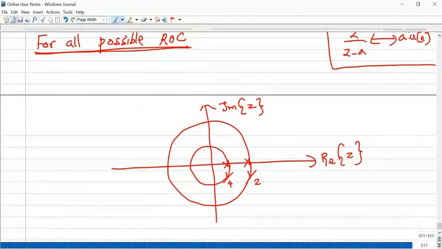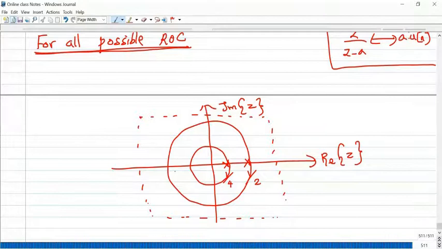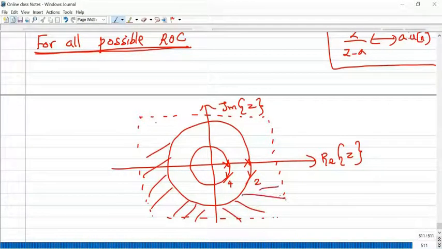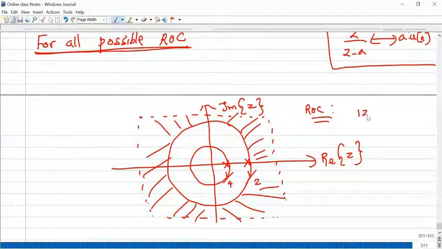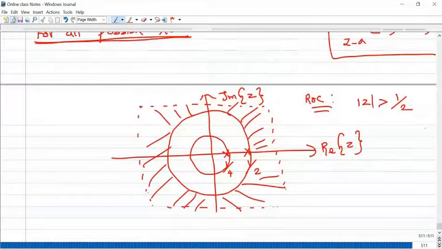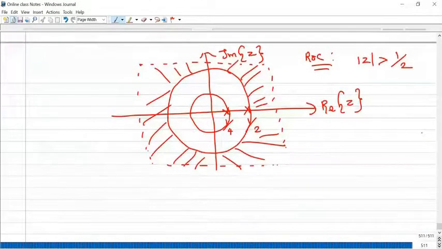So if we assume the ROC is outside of the outermost circle, ROC z is greater than 1 by 2, that is outside of the outermost circle, then your signal is a causal signal.